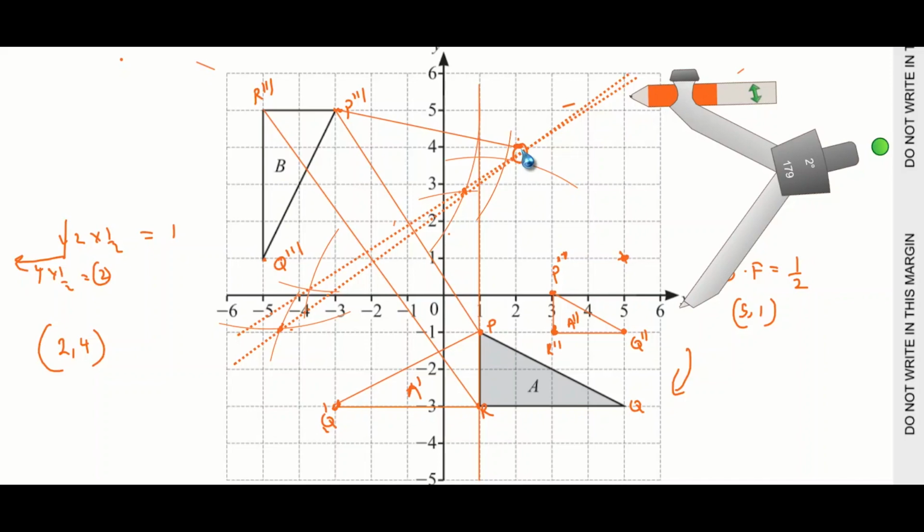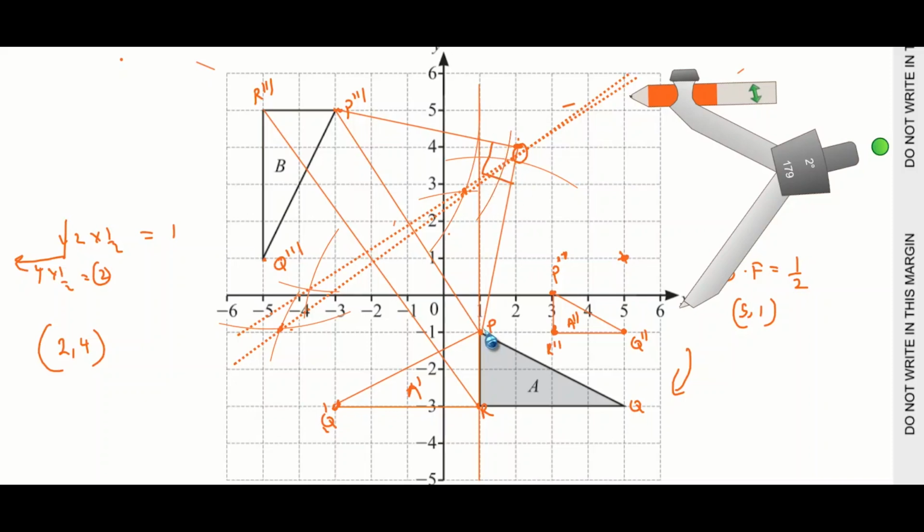Then we also draw a line from that center of rotation to the corresponding object, that is P. So like this. If you look at it very well, this will be a right angle here. So you don't need to use your protractor to measure this. So this is a right angle.